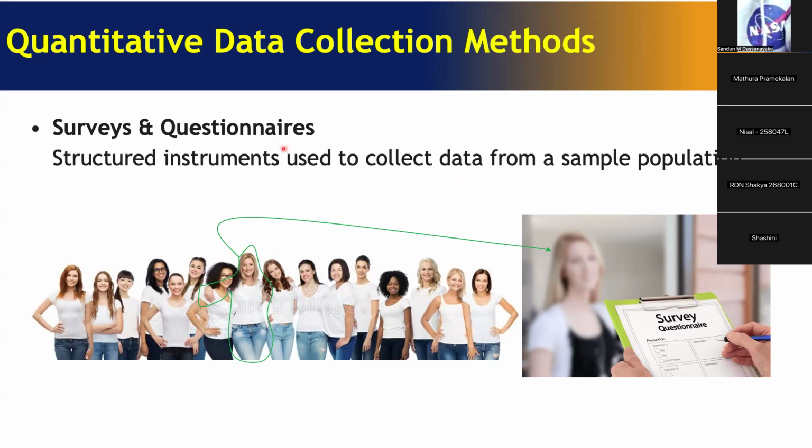These are structured instruments used to collect data from a sample population. So what is a sample population? We will discuss it in the coming slides. But this is what you do. You take a sample and you focus on one element of that sample, and then you do a questionnaire.